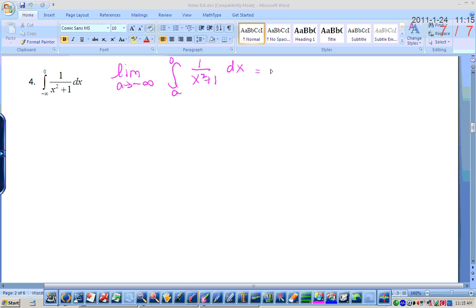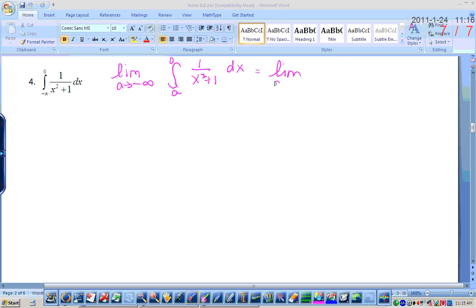You know, I would say you could use b all of the time, except if we're going to integrate from negative infinity to positive infinity, then we're going to need an a. We're going to need 2 different variables. So it might be a good habit to get into to use a for negative infinity and b for positive infinity. All right, how the heck do you integrate 1 over x squared plus 1?